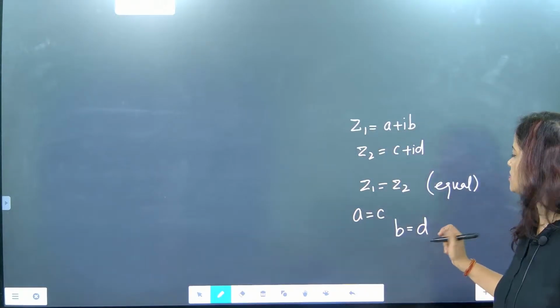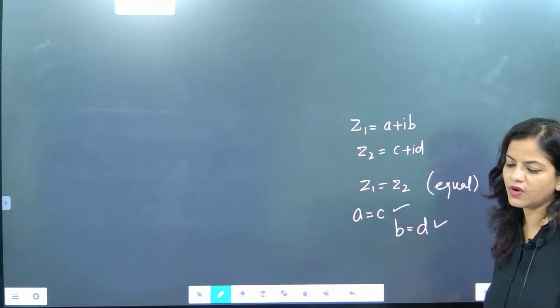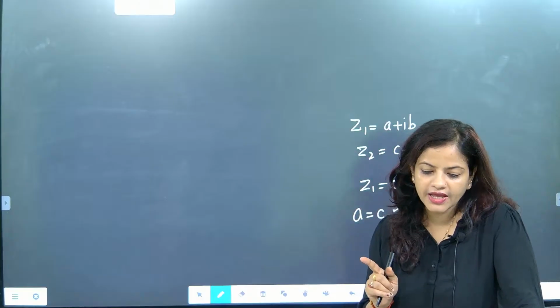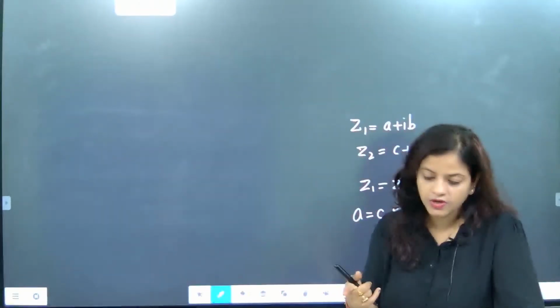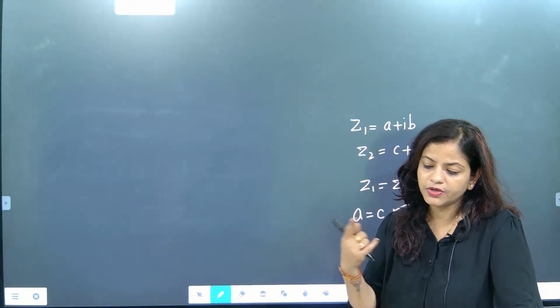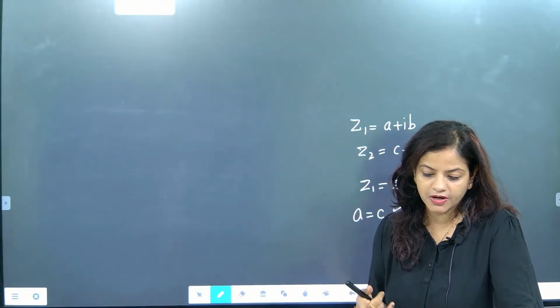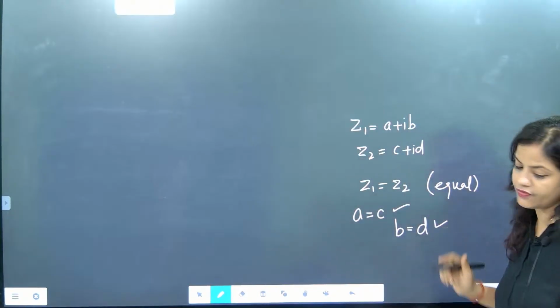Those are the two things you have to understand. So the first property I have discussed is that when two complex numbers are equal, the real part is equal to the real part and the imaginary part is equal to the imaginary part.